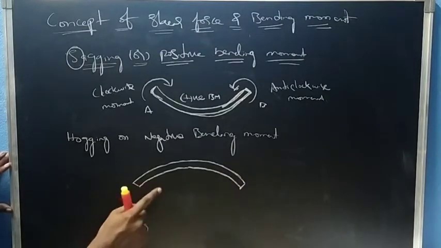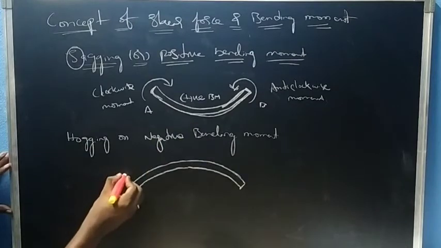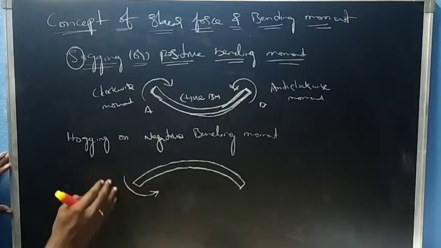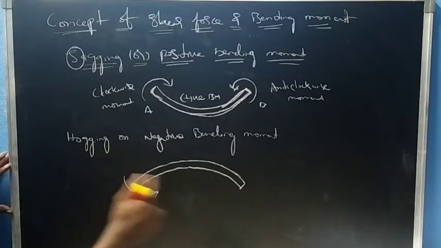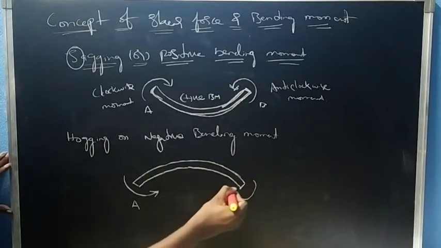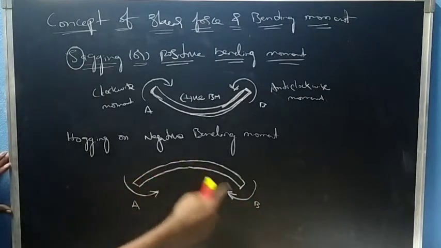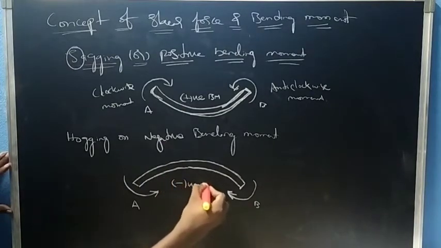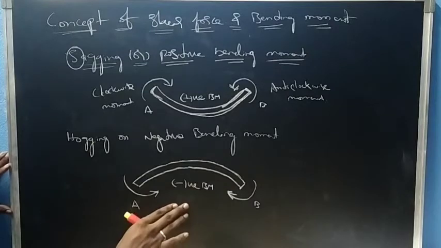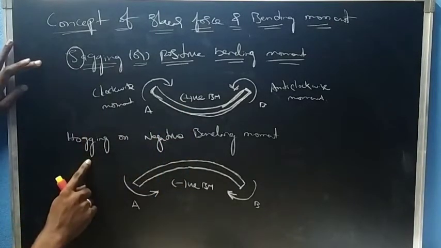This kind of movement is called hogging or negative bending moment. To support this, there will be a movement at A that is anti-clockwise, and at B it is clockwise. So it looks like a sad smile, right? So we take it as negative bending moment, right? So now you can see the difference between sagging and hogging bending moment.